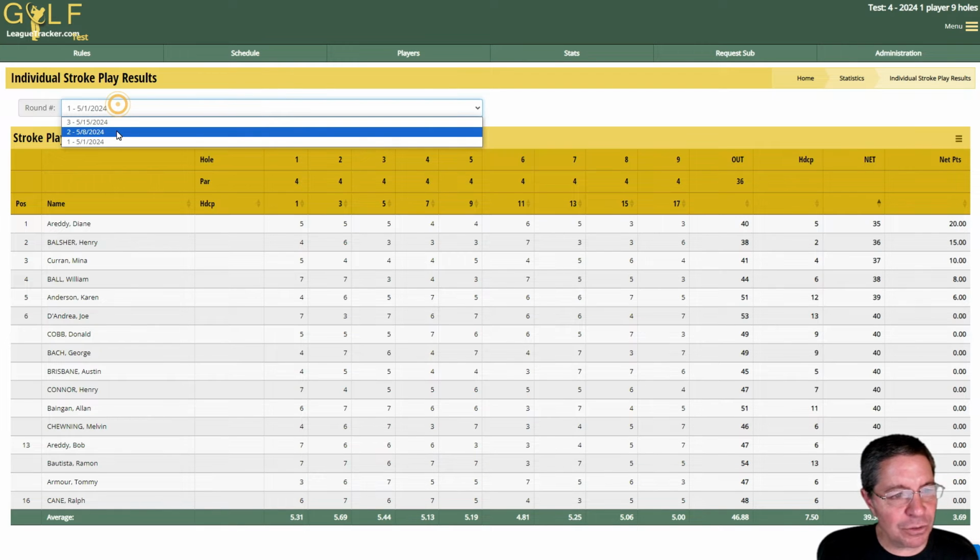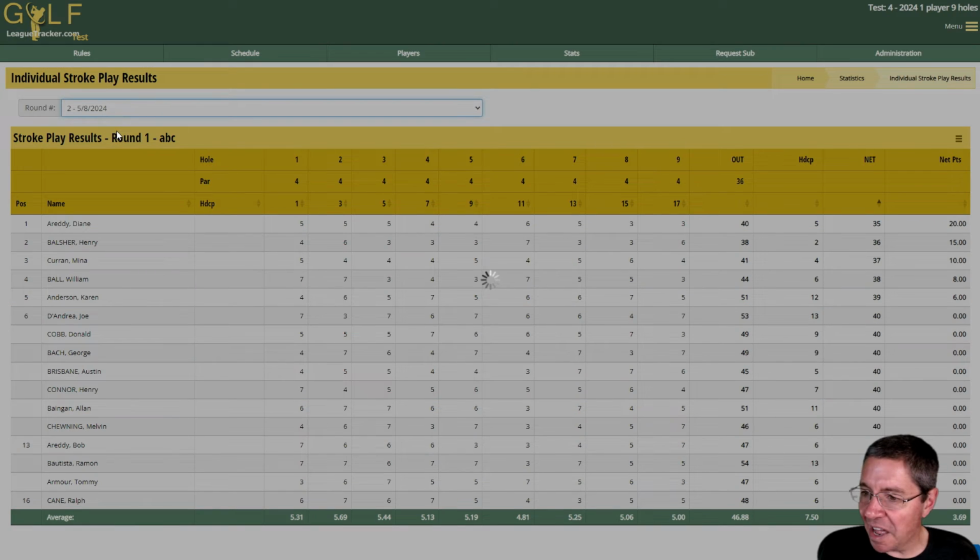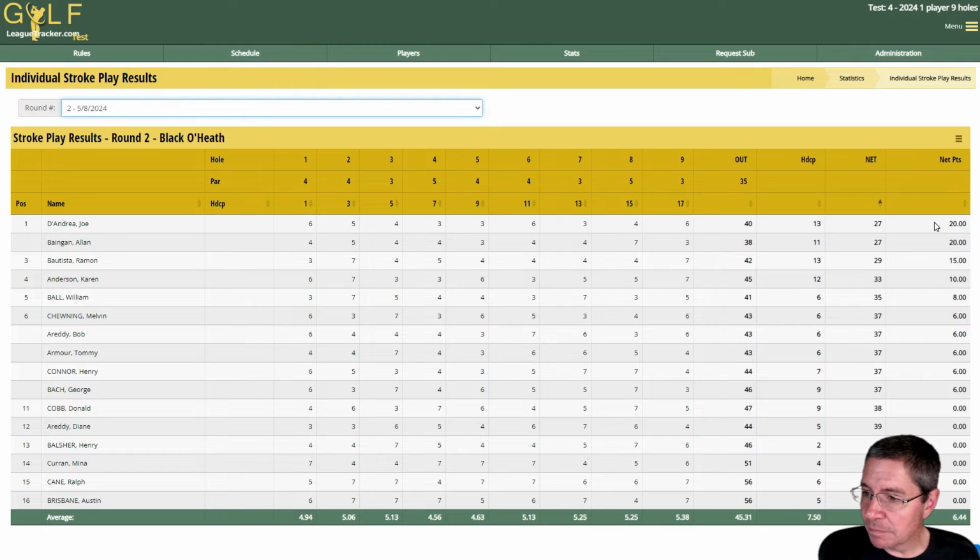Now, if we look at round 2, if you remember, first and second were tied for first, or two, I should say, two players are tied for first. So instead of splitting the points, they're going to be awarded 20 points each, and then the next position is considered second place. So Ramon, in this case, was considered in third place previously, but now he is in second.